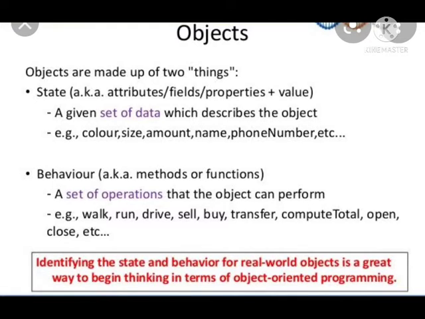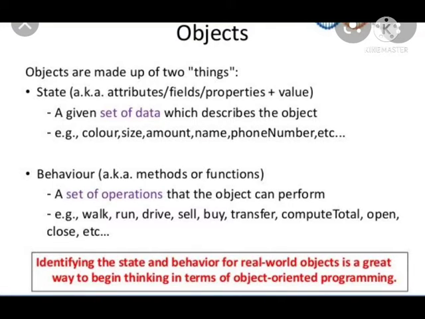Object has some state and has some behavior. States are also called attributes, properties, and these properties have some values, and the behavior is called methods or functions in Java language.